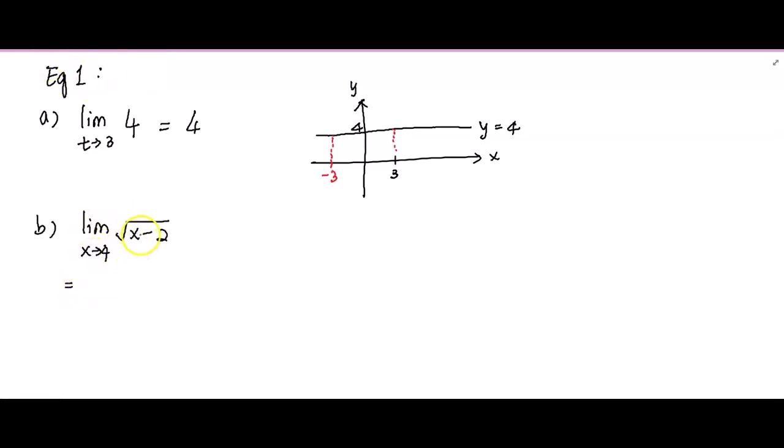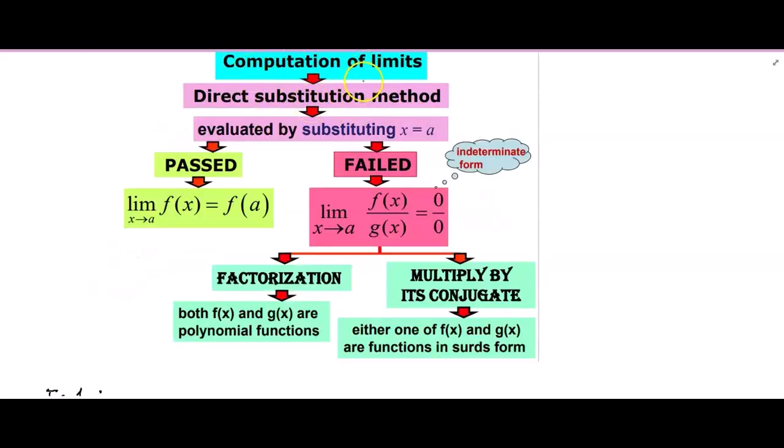Another example, I have the square root of x minus 2 as the function f(x). I want to find the limit of this function when x approaches 4. For this question, we can just use the direct substitution method, which I have mentioned just now. To compute the limit, firstly, we will use direct substitution first. If it is a success, meaning we got a defined value, then we already have the answer for the limit.